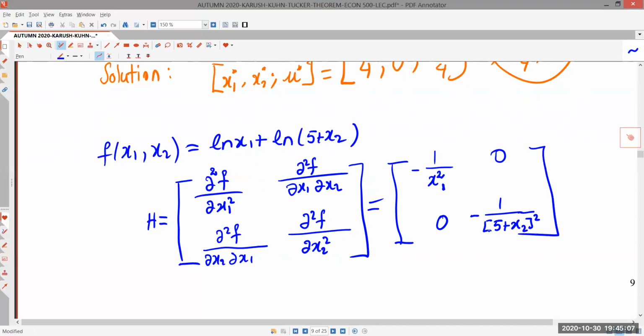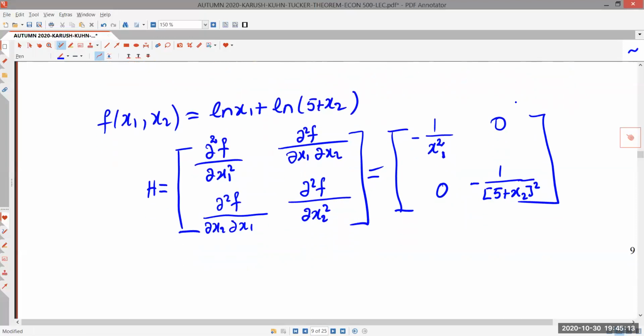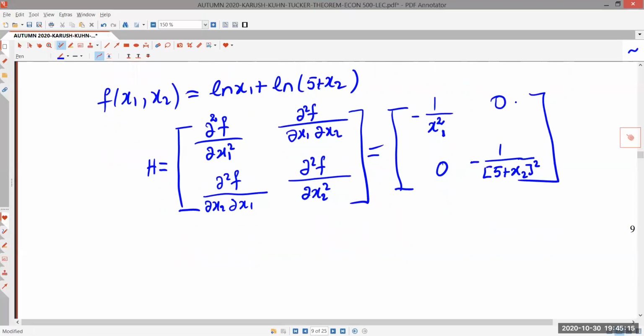Okay, and what do we do? Let us check the first order leading principal minors. If we can find some non-negativity with them, we are done. And then let us look at the principal minors.